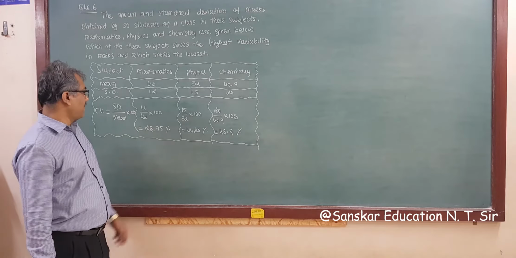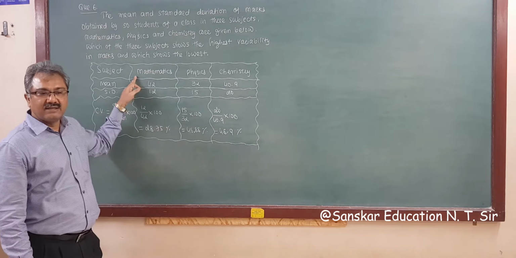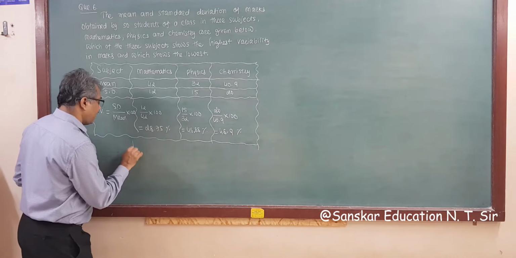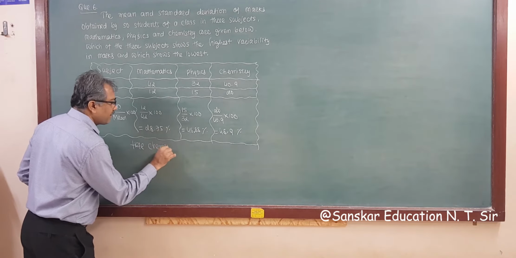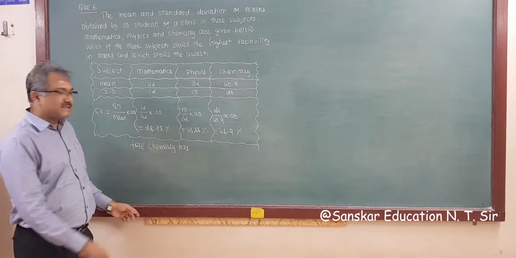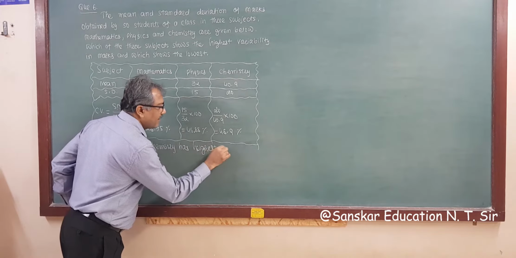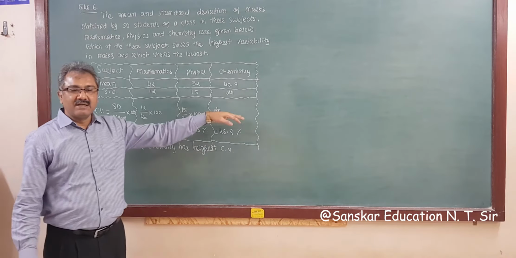Now see, the lowest CV is of mathematics, and the highest CV is of chemistry. Chemistry has the highest CV, or the CV of chemistry is greater than the other two subjects.